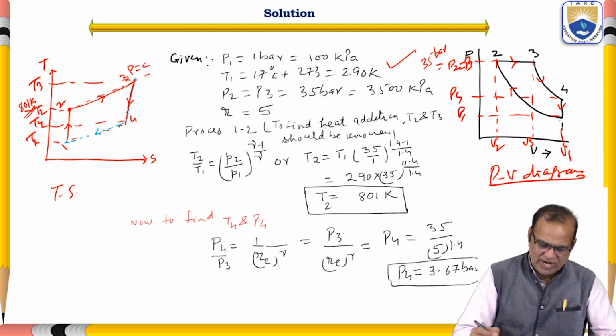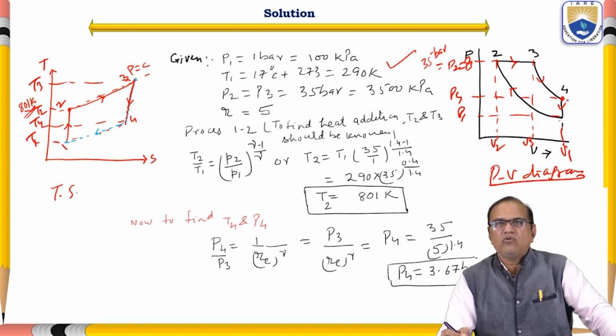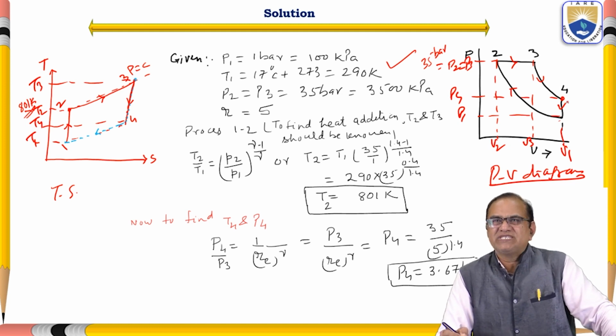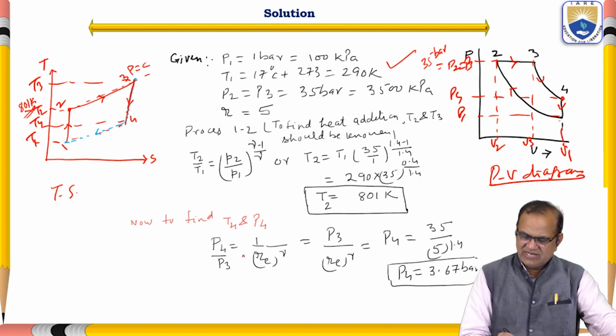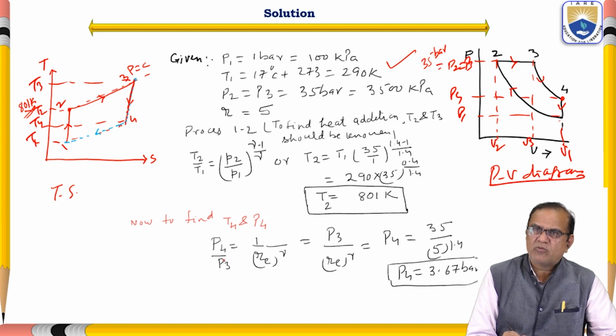So now we have to find out T4 and P4. This point we have to find out how much is T4 and P4, because we got P3 and T3. Now the last point is P4 and T4. So we know that for process 3 and 4, P4 by P3 is equal to 1 by RC to the power gamma.